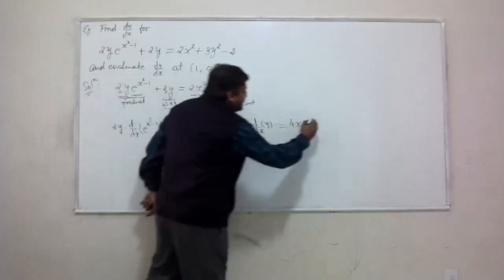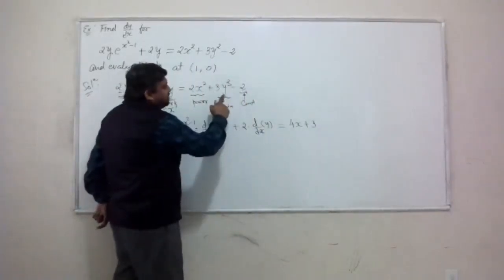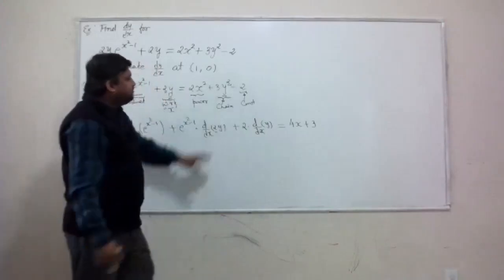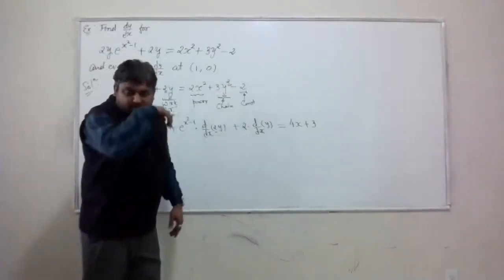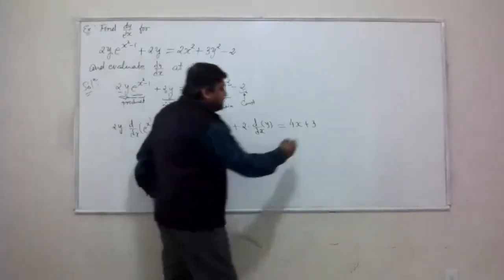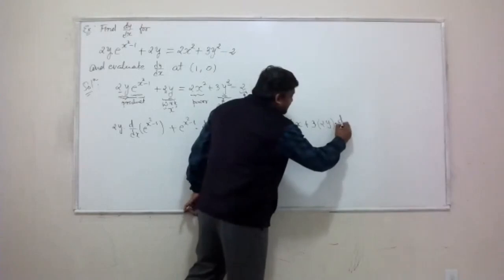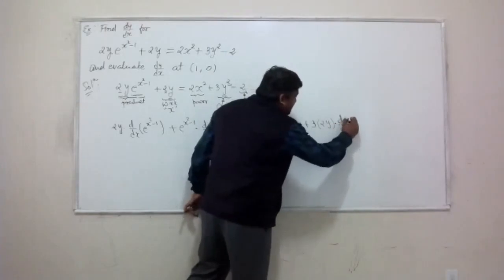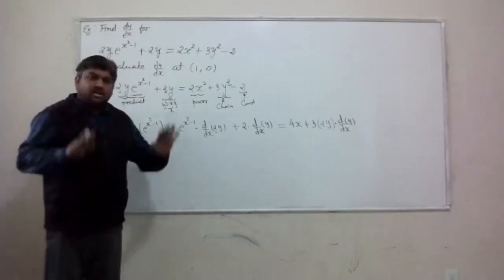Derivative of 3 times y to the 2. You must use the chain rule. Function of x to the power 2. This must be the inner layer. 2 is the outer layer. How do we differentiate it? Bring 2 in the front, reduce one power of the inner layer, and then multiply it by the derivative of the inner layer with respect to variable x.